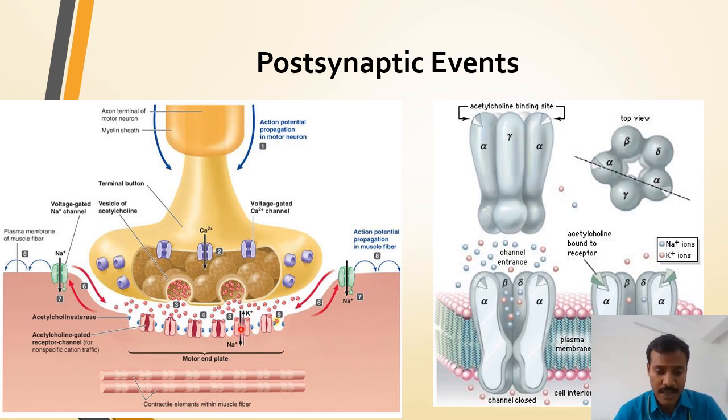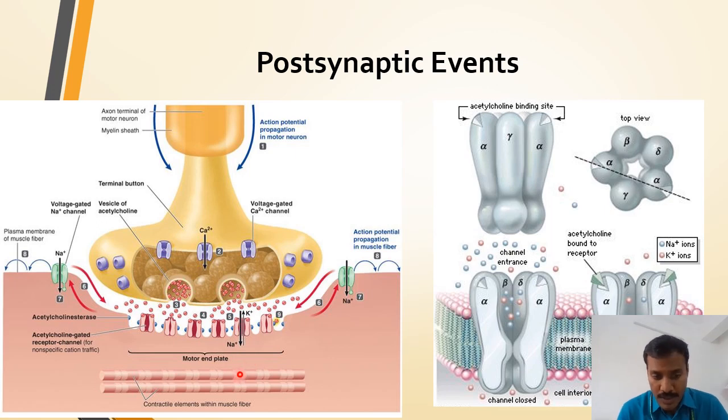Since it is a cationic channel, it allows the entry of positive ions in and out. Sodium influx will be more than the potassium efflux, so that leads to more positivity entering the postsynaptic membrane, which causes depolarization of the postsynaptic membrane. It is called end plate potential.